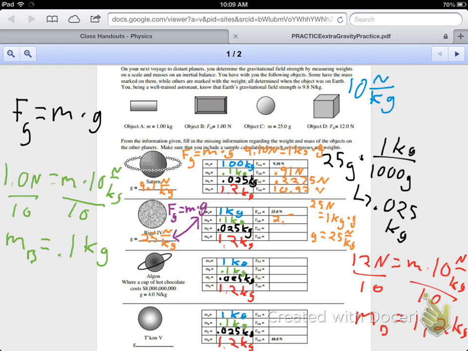We get 2.5 newtons. The force due to gravity on object C, so we take 25 newtons per kilogram, multiply that by 0.025 kilograms, and we get 0.625 newtons. And for D, we get 1.2 kilograms times 25 newtons per kilogram for a force of 30 newtons.